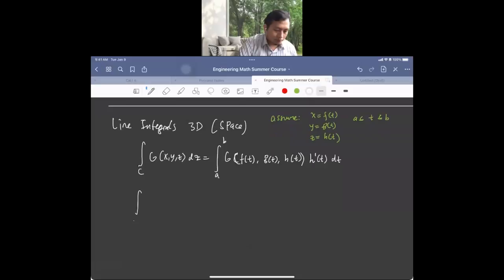And then another line integral that we can have, that I think I already mentioned before, but let me just write again here to make sure that we have a more clear way here.